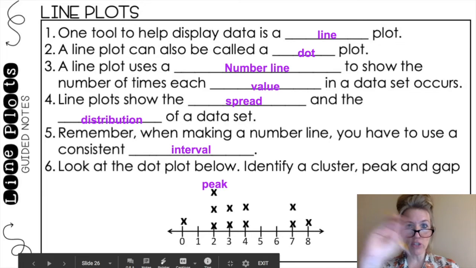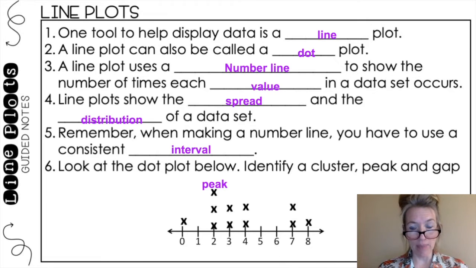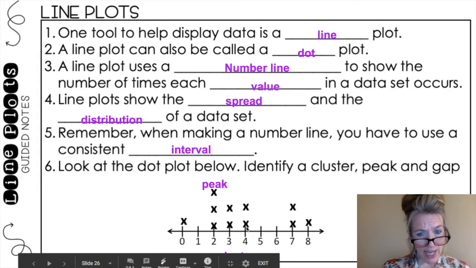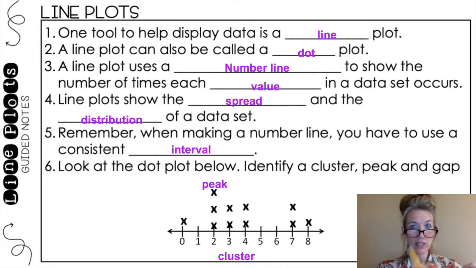If you'll drag and drop that above number 2, because that's the number that happened most frequently. I'm now putting cluster where most of our data is, between 2 and 4. I didn't really have a lot of space to put it over, so I put the word cluster underneath our number line. If you want to just put it anywhere in that range between 2 and 4, that's where the majority of our data lies.